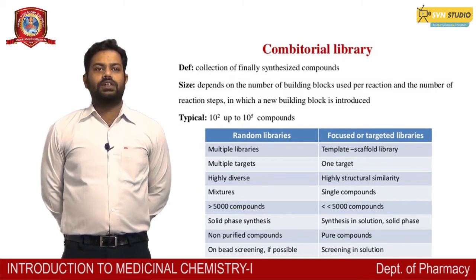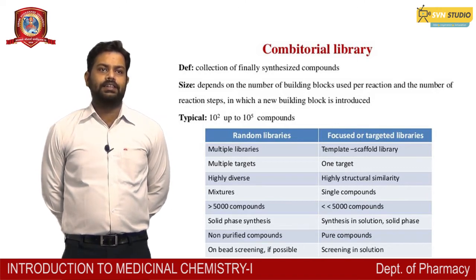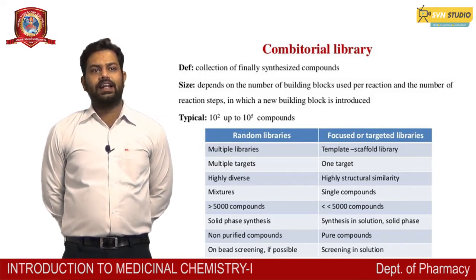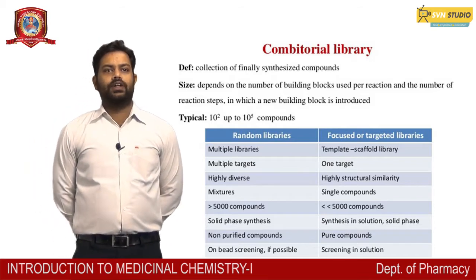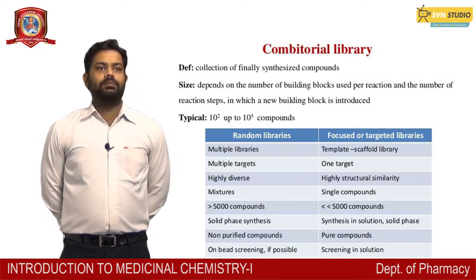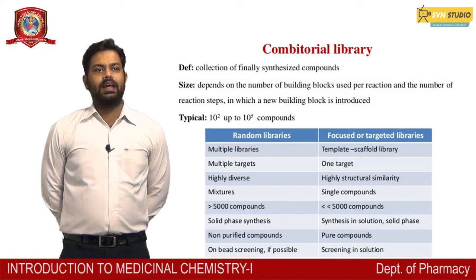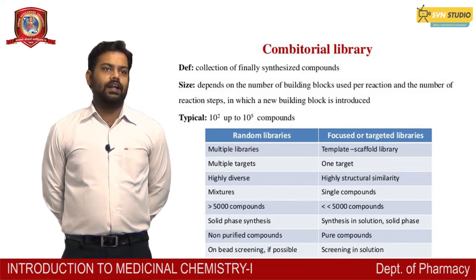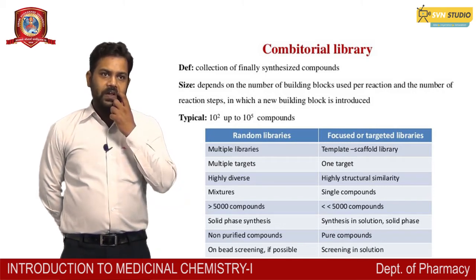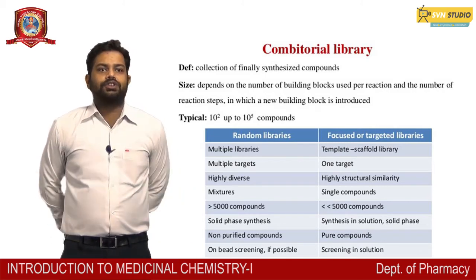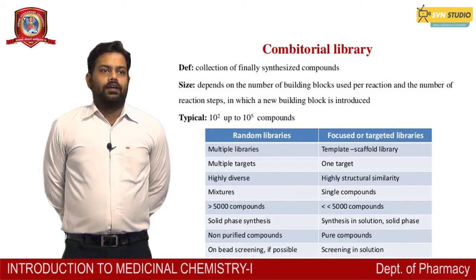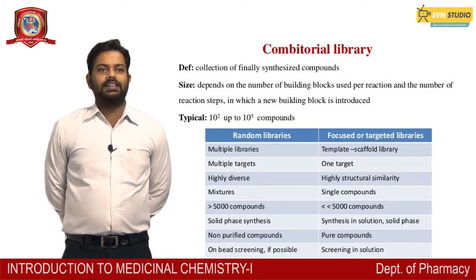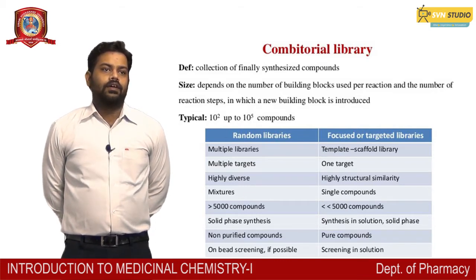Random libraries and focused or targeted libraries. Random libraries are multiple libraries. Targeted libraries are templates of skillful libraries. Multiple targets in random libraries, one target in focused libraries. High diversity in random libraries. Focused libraries have high structural similarity. A mixture is found in random libraries. Single compounds may be found in focused or targeted libraries.